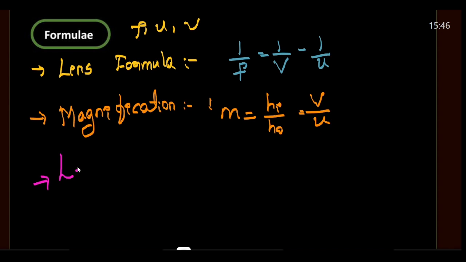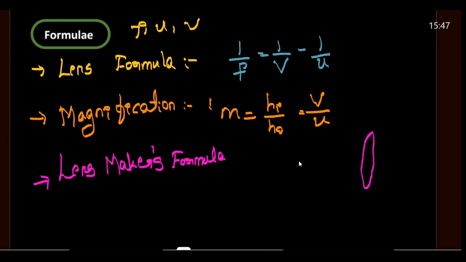The lens maker's formula gives the relation between focal length and refractive index. I'll tell you where it will be useful. For example, there is a convex lens, and this is the optical center, and here the object is located and we get the image here, right?